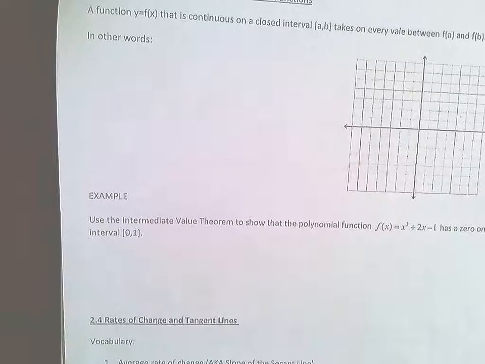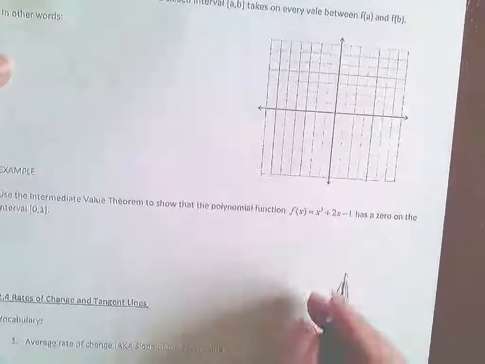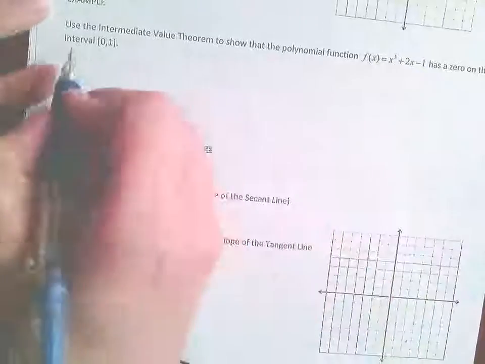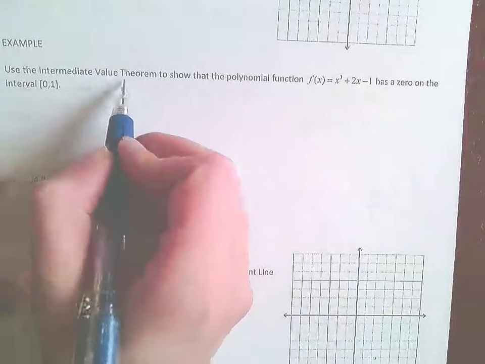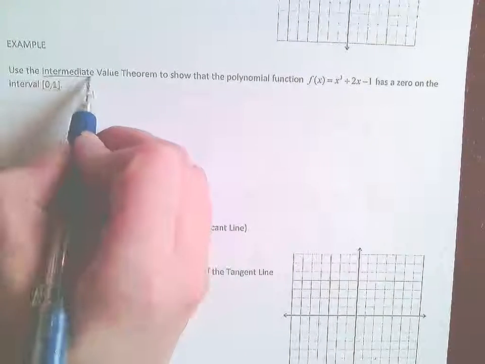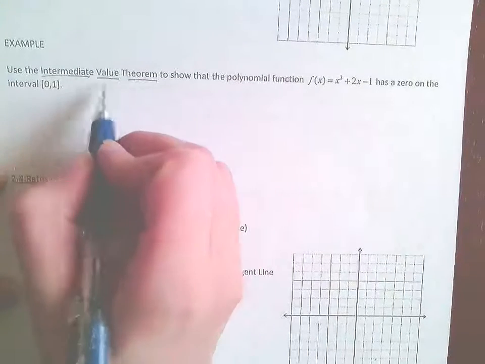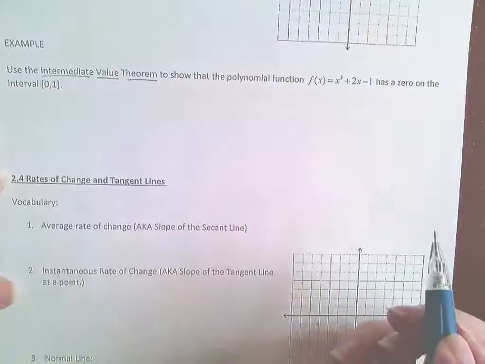All right, now the intermediate value theorem. We've done this before, and here I'm going to actually do the example that we've done before in pre-calc first. So we're going to use the intermediate value theorem. Basically exactly what it says, intermediate value theorem. It's the value in between.